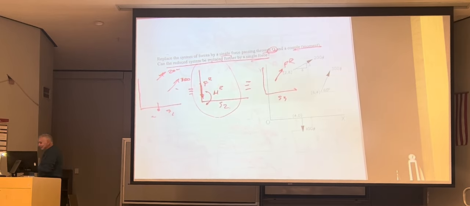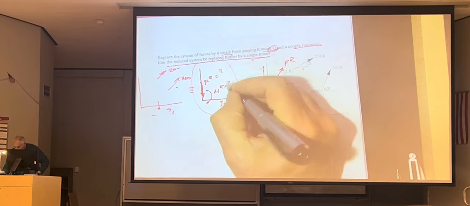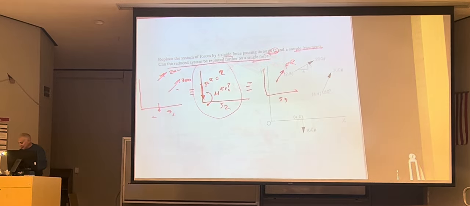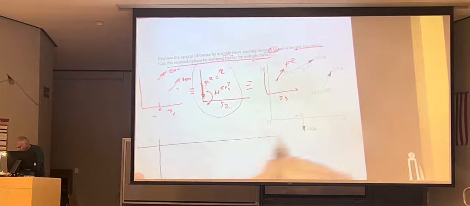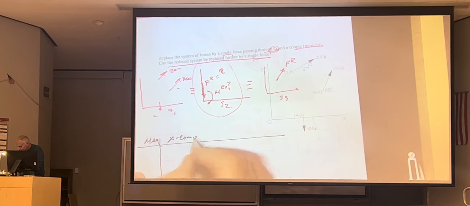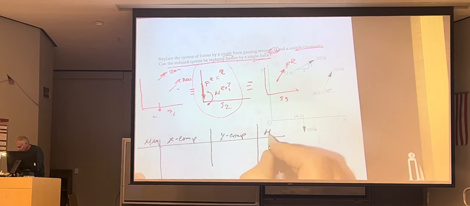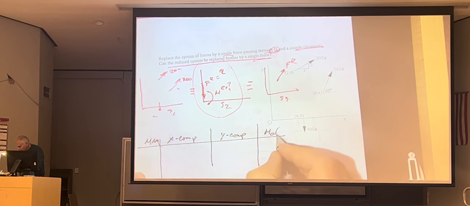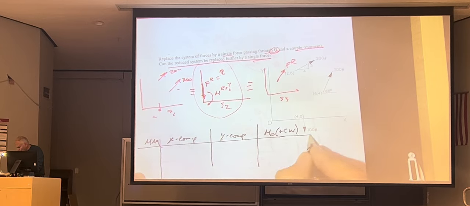All right, what is that single force? So I need to know what these guys are first. Easy. I come in and I create a little table, and I say magnitude, x component, y component, and then moment about O, and I'll take positive CW, clockwise.